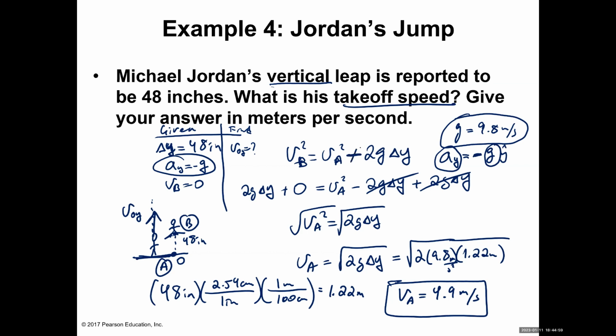If you want, you can always leave this as plus AY, and then say that AY is equal to negative 9.8 meters per second squared. You can do that. But again, G is not negative 9.8. AY is negative G, where G is 9.8. So this is G, and this is the direction of where it's acting. Thank you. You're welcome.